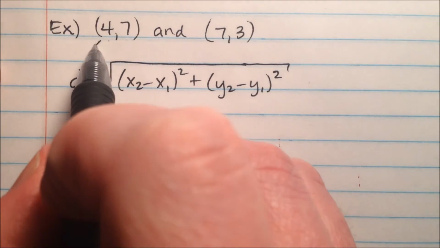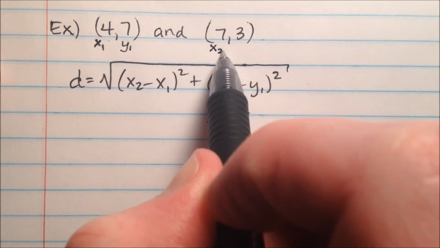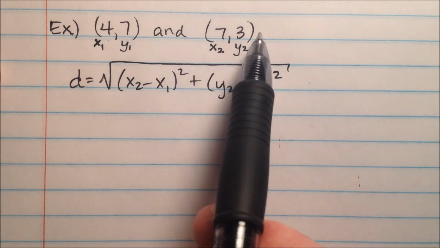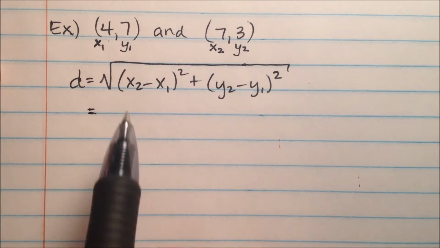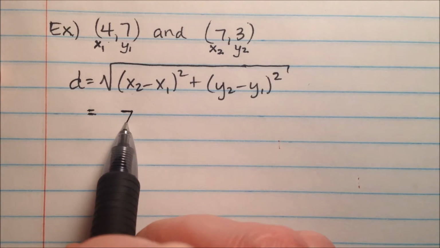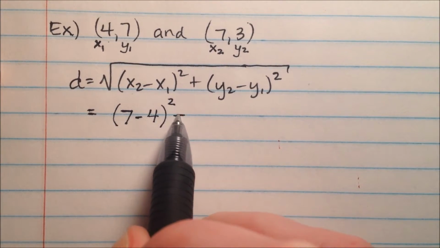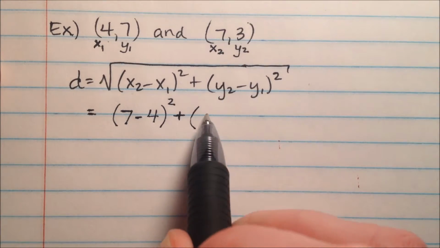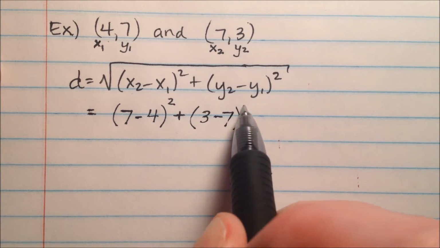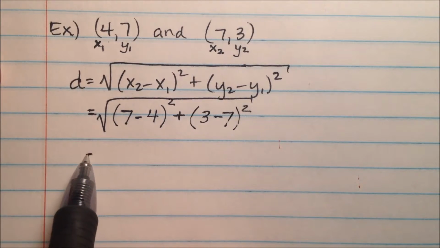Well, I can make this one my first point and say x1, y1, make this my second point and call it x2, y2, and now that I have numbers, it's just a matter of plugging them in and seeing what I get. So x2 looks like it's going to be 7, x1 is going to be 4, so I'll put parentheses around that and say square it, plus y2, it looks like 3 minus y1 is going to be 7, square that, and then that whole thing under a square root.